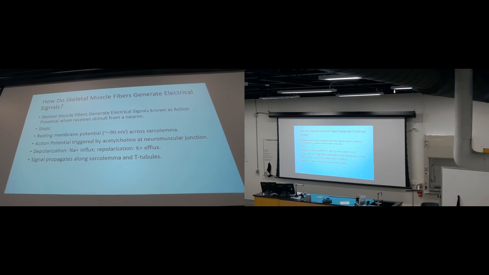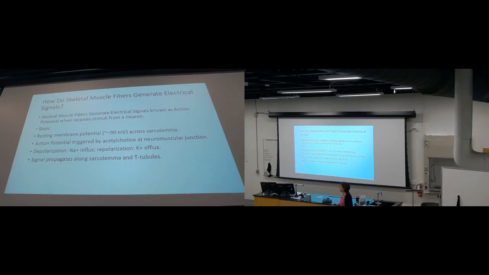Now, this event initially happens in a space called the neuromuscular junction. The neuromuscular junction is a synapse, a place of communication between a neuron and a muscle cell. That's why it's called the neuromuscular junction.